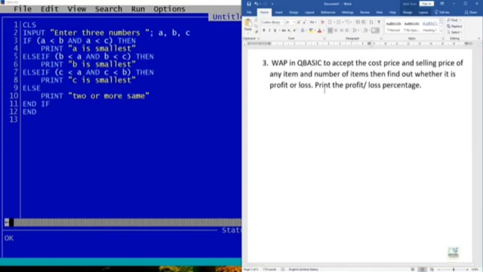Then you have to find total cost price and total selling price, by multiplying the cost price with the number of items and the selling price with the number of items. So you get total cost price and you get total selling price. After that you need to check using if else if it is profit or loss. Then you need to print it is profit or it is loss. Also you need to calculate the profit and loss percentage. Okay, let's begin.